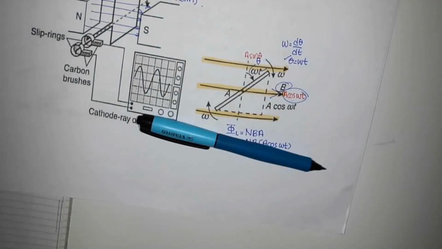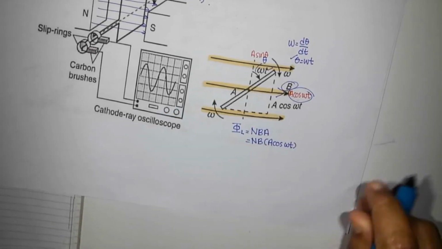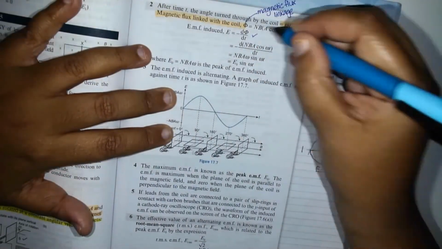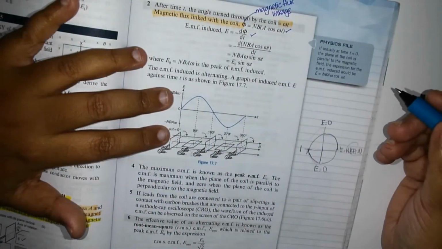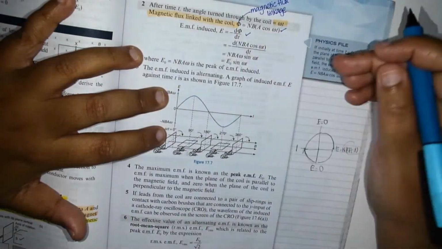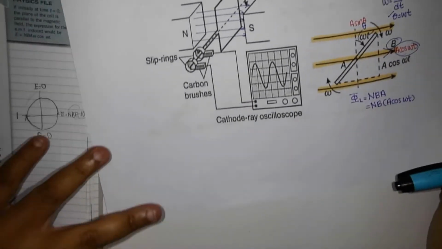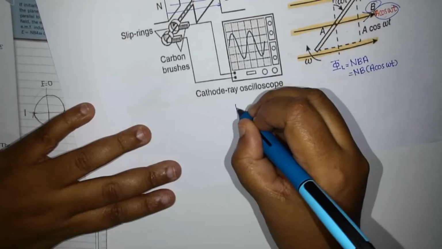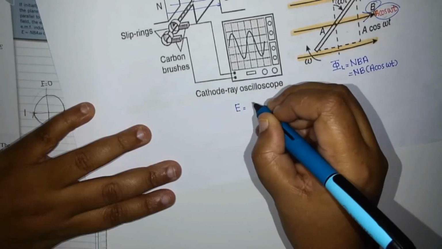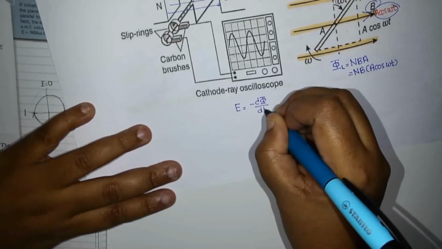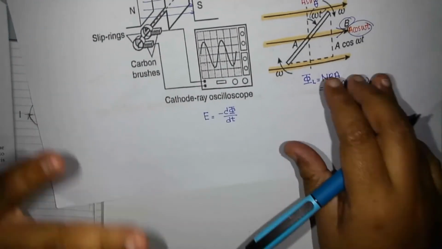Faraday says if there's a change of magnetic flux linkage, then EMF is induced. So the induced EMF is E equals negative d phi over dt. We substitute the phi and we get NBA cos omega t. According to Faraday, an EMF will be induced if there is a change of magnetic flux, in this case a magnetic flux linkage.